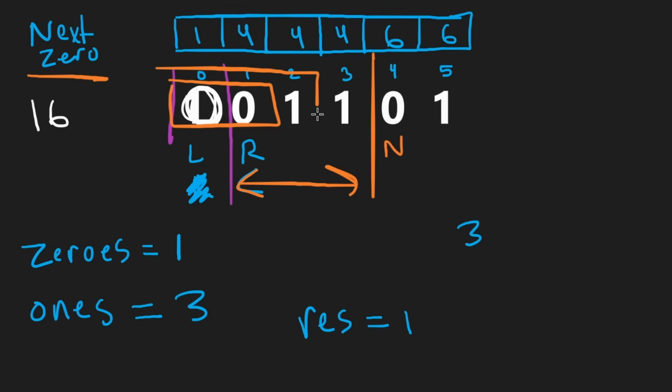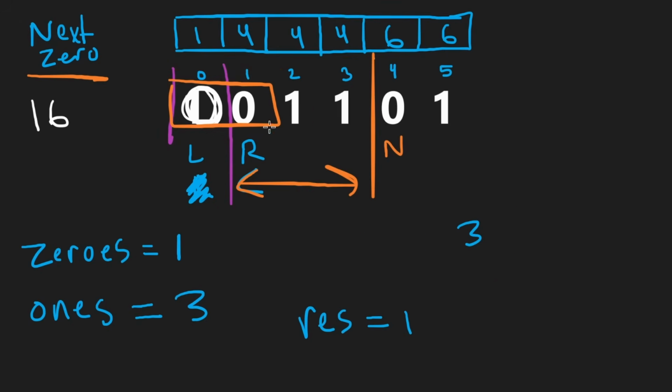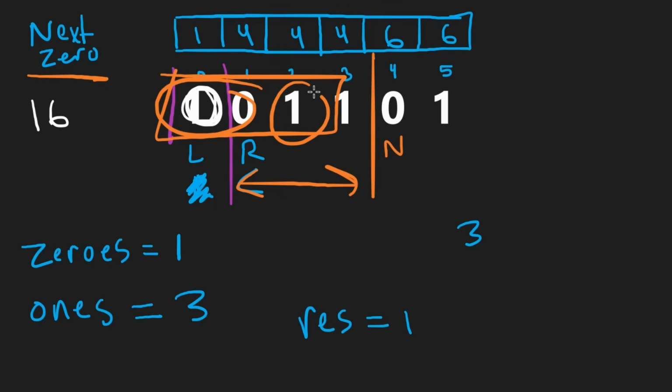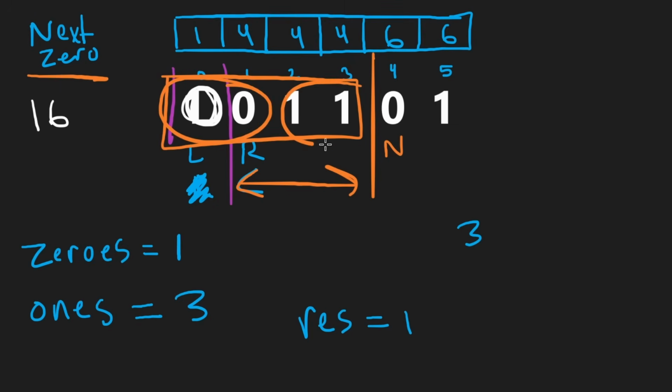We were trying to be greedy and just say, give me all that distance and add it to the result. But we can't quite say that because look at this. We do see that this window is not valid. And we do see here, this window is also not valid. 2 squared is bigger than just 1. And actually, we also see that this window is not valid either. 2 squared is bigger than 2.